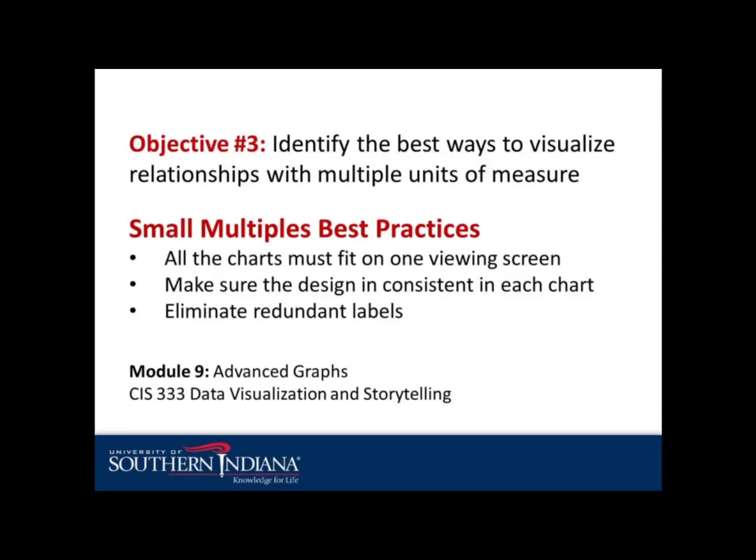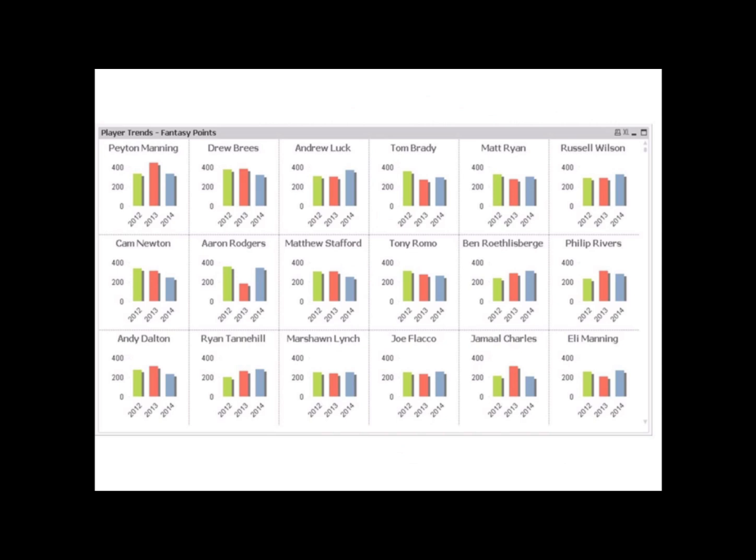Okay, so when you're going to use small multiples, let's talk about the best way to do that. First of all, you have to make sure that all your charts fit on one viewing screen. So no scrolling. If you're printing it off, you want it on one page because you don't want to break your charts up. Also, make sure you're consistent in your design in each chart, like I talked about a few slides back, and eliminate any redundant labels.